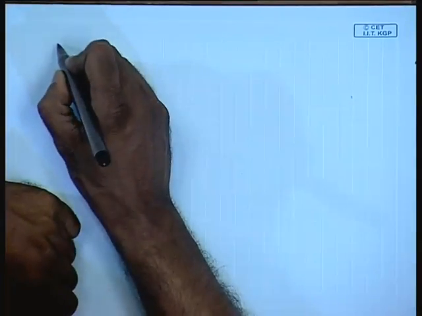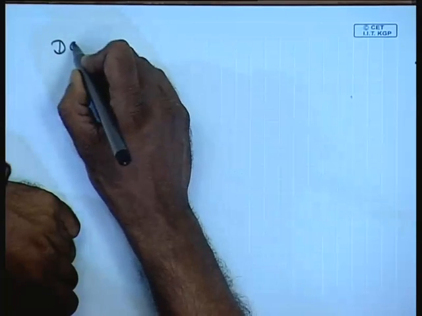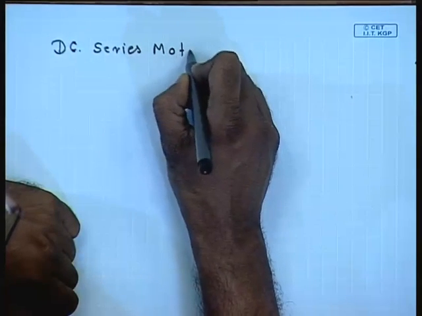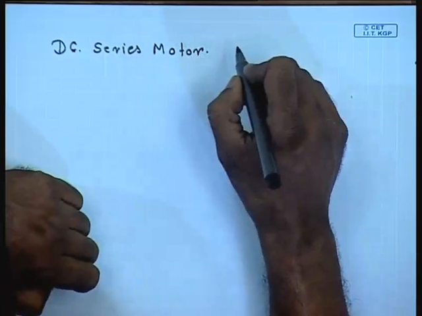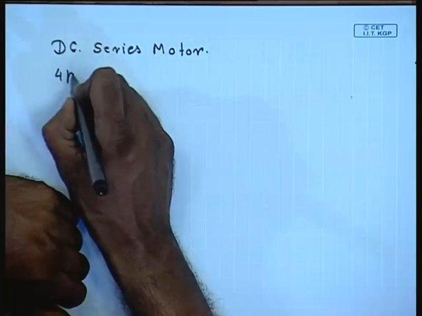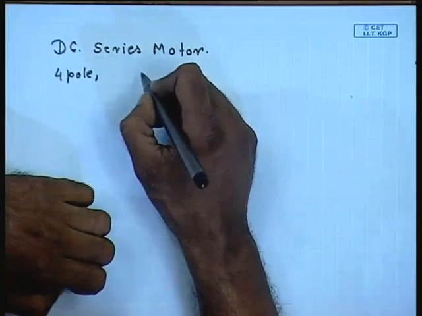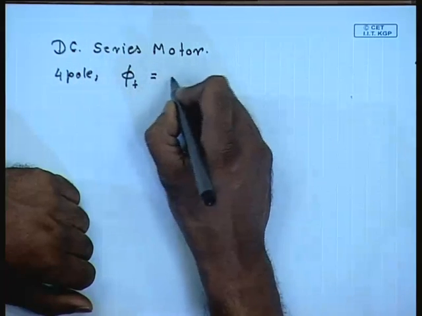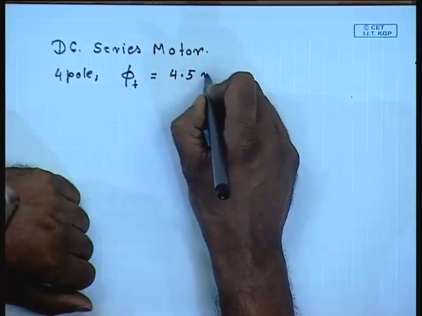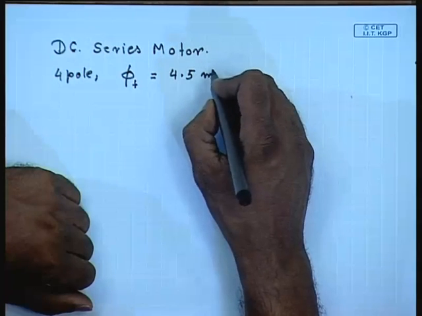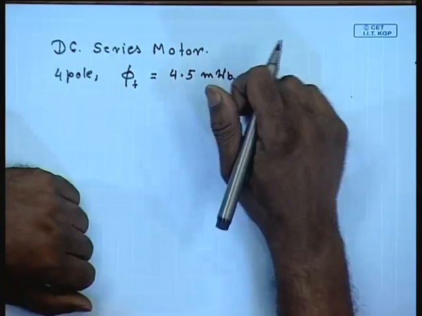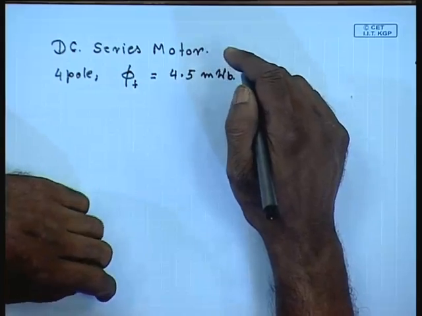Let us say we have a DC series machine, four pole, and flux per pole equal to 4.5 milliweber per ampere.